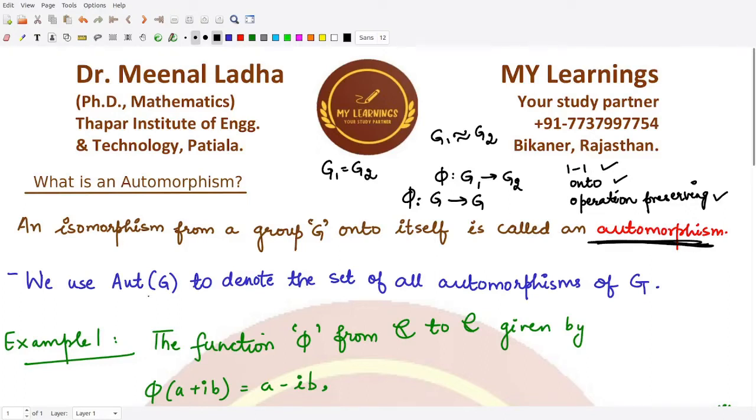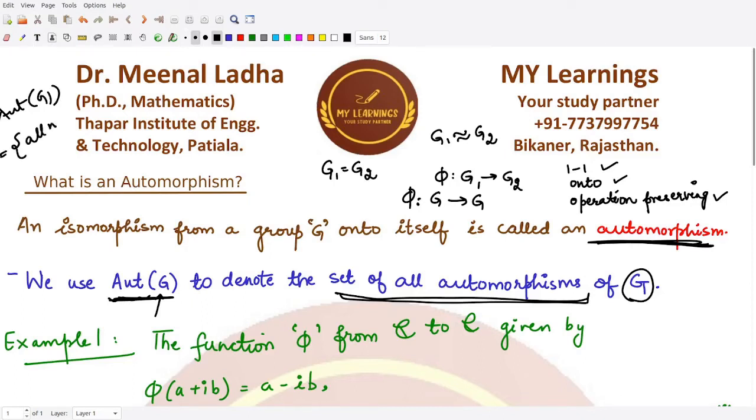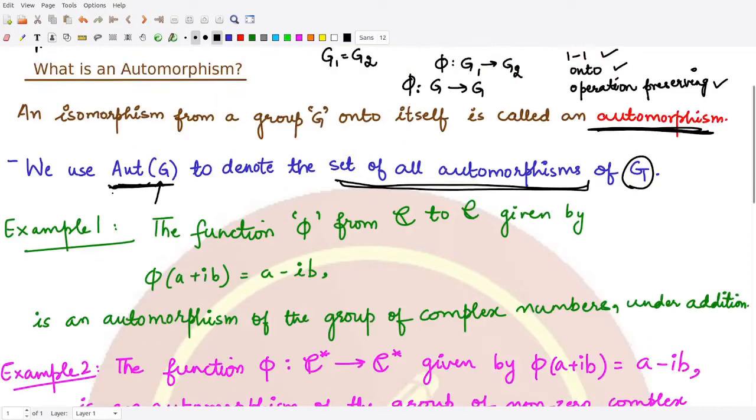Moreover, we use the notation Aut(G) for mappings from the group G to the group G. This denotes the set of all the isomorphisms which could be defined onto the group G. So Aut(G) is a set consisting of all mappings that are automorphisms. Okay, let's move on to the examples.